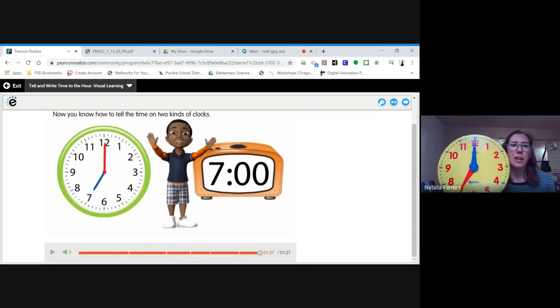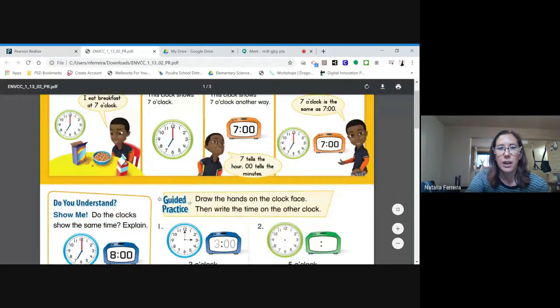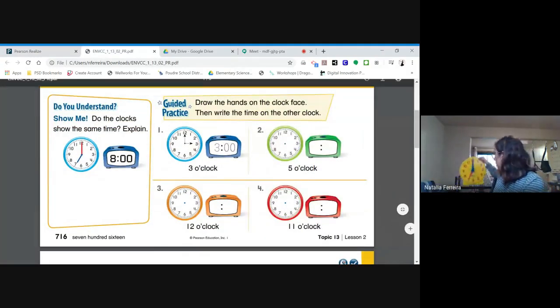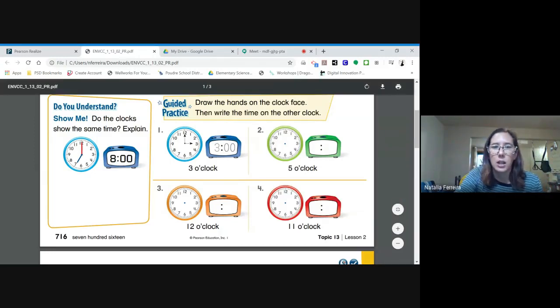Hey, great job, guys. Now we are going to be looking at the guided practice. Our guided practice is asking us to draw the hands on our clock and write the time on the digital clock.